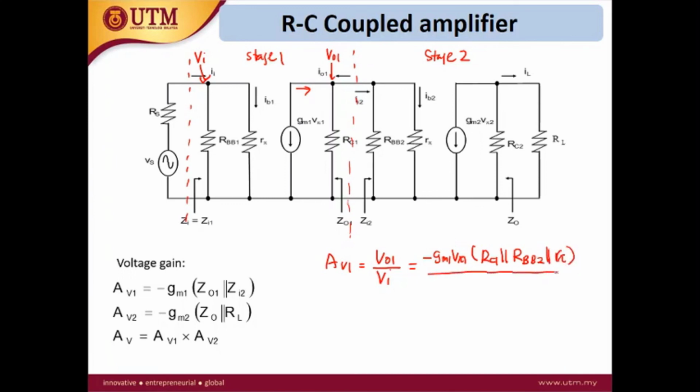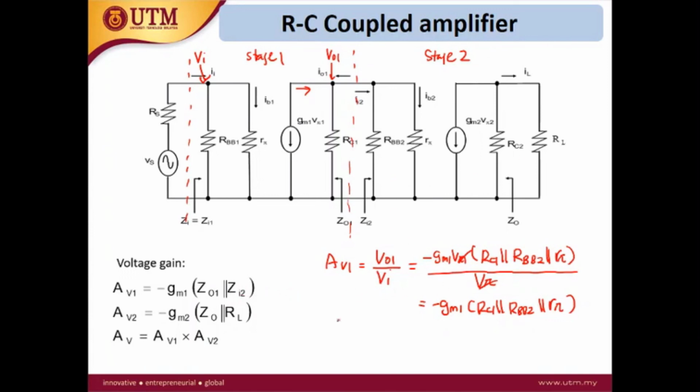And then this is divided by VI, which is equal to V pi 1, and can be cancelled out. You get gm1 times RC1 parallel with RBB2 parallel with R pi. RC1 is the output impedance Z out of the first stage. RBB2 parallel with R pi is the input impedance of the second stage.